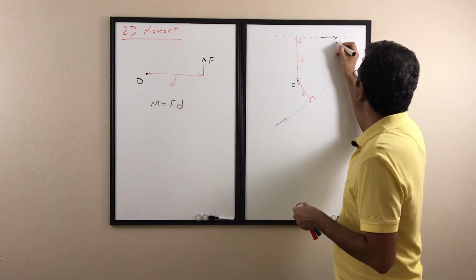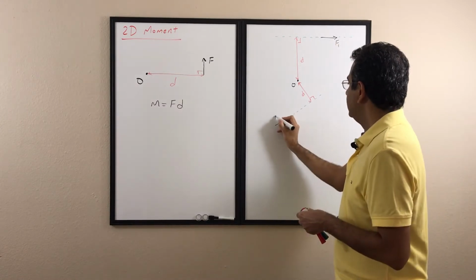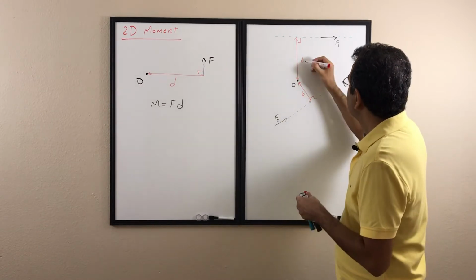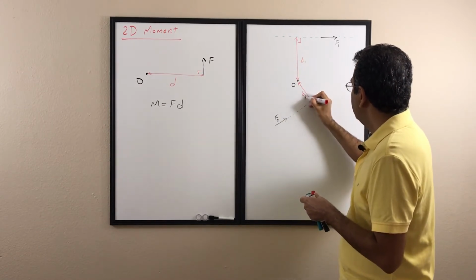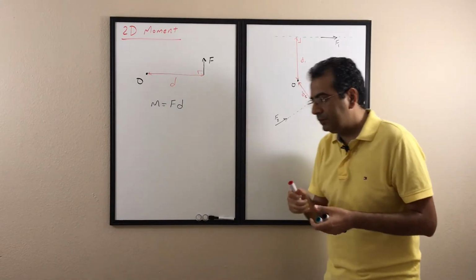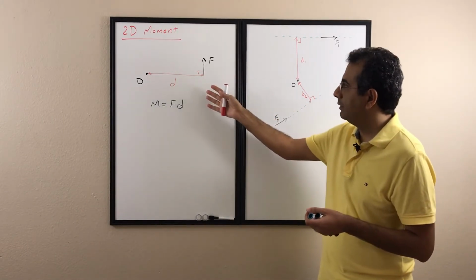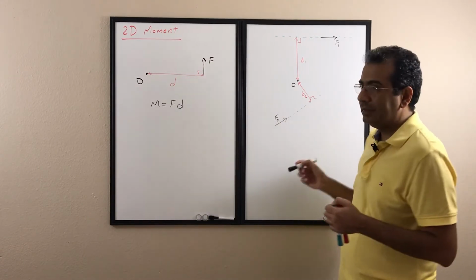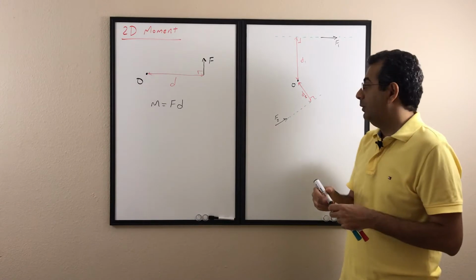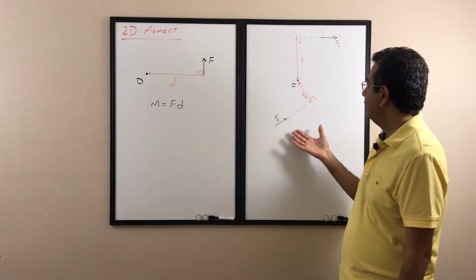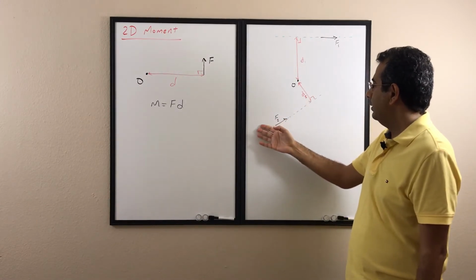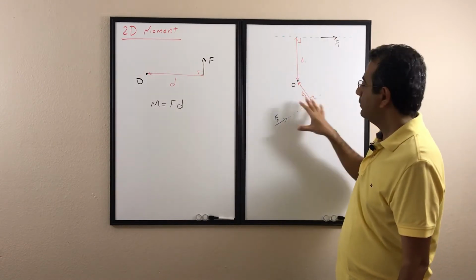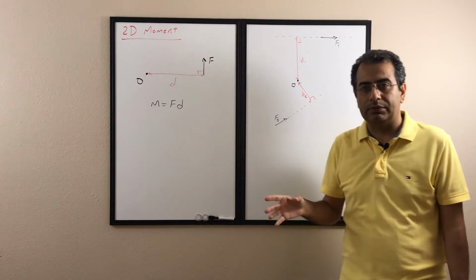The other point I want to raise is that we have a couple of forces here. For example, assume this is F1, this is F2, and this is D1, and this is D2. When we are working with moments in 2D, we just use them in scalar format, so we just add or subtract them. If I want to find the resultant moment, I have to find the moment from each of these forces and then add them all together.